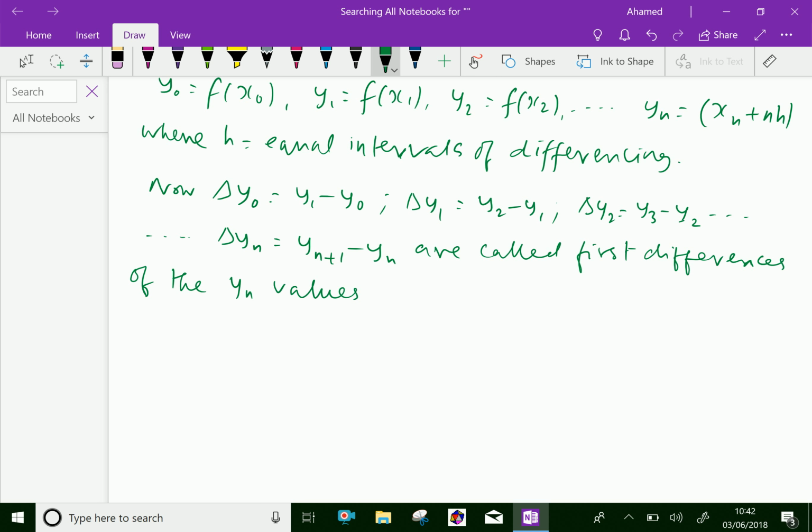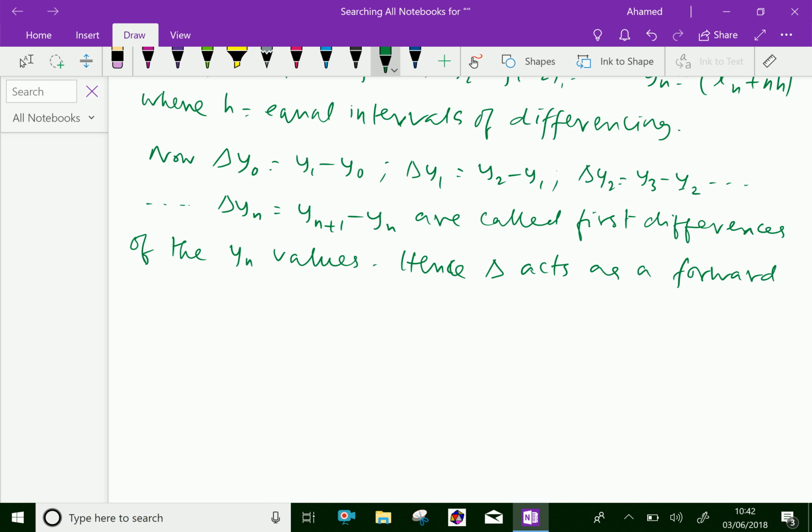Hence, here you can see the delta acts as a forward difference operator. It's called the forward difference operator.